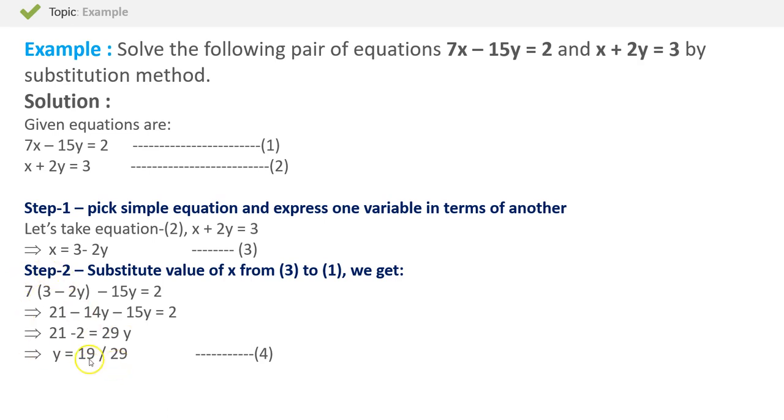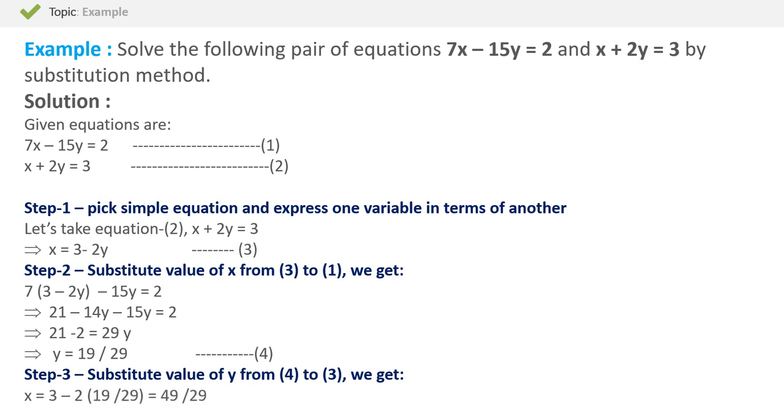So step 2 is performed, and now I got the value of y. Now I'm going to take the value of y from equation 4 and substitute it into equation 3, like what we got in step 1, right?